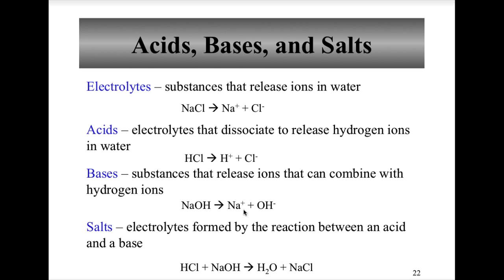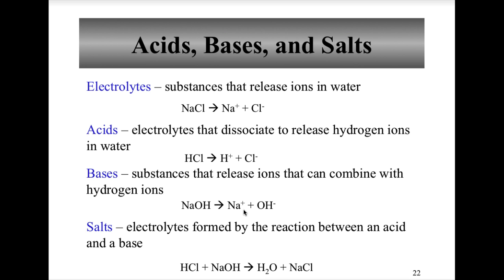On the reverse end of the spectrum of the pH scale, you have bases, and bases are substances that are going to release ions that combine with hydrogen ions, and that's going to make it more alkaline. Often that ion would be the hydroxyl anion, which is OH-. And in reverse of that, you would also form a cation.